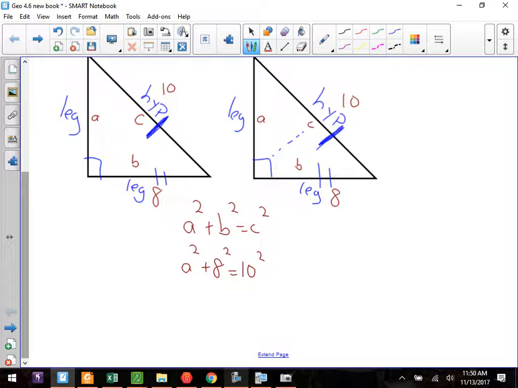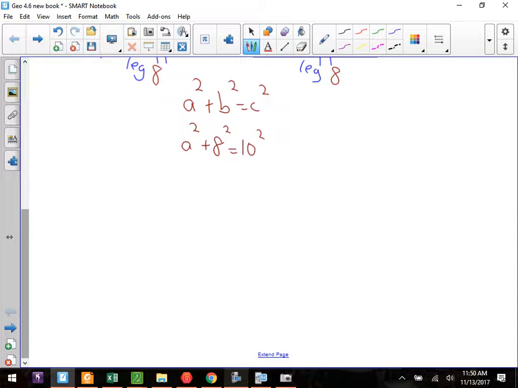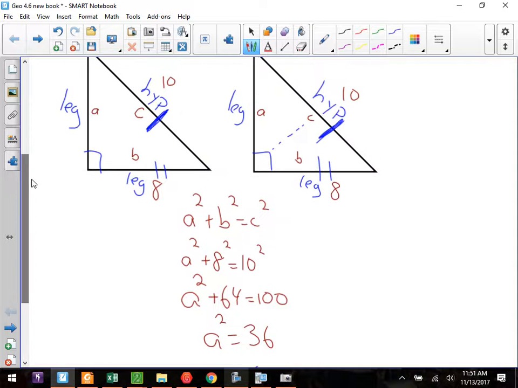What's 10 squared? 100. Now it's basically a two-step problem. First, subtract the 64, and you get a squared is 36. What's the square root of 36? 6. So since this is a right triangle, this other leg has to equal 6, which means the other leg over here has to equal 6.